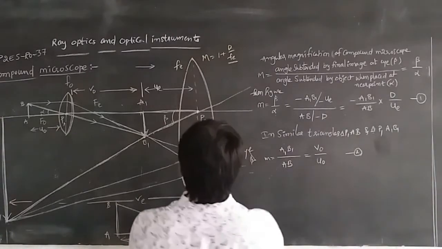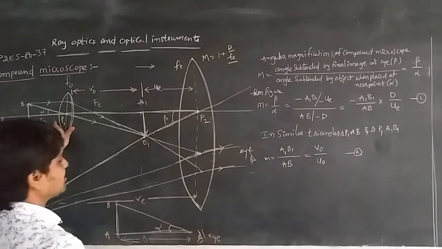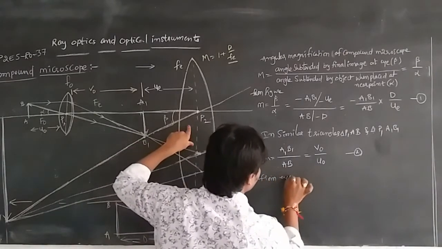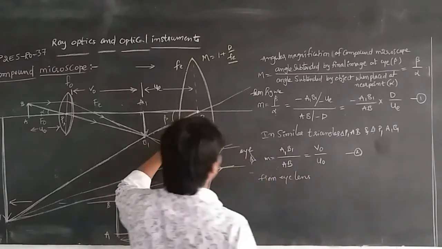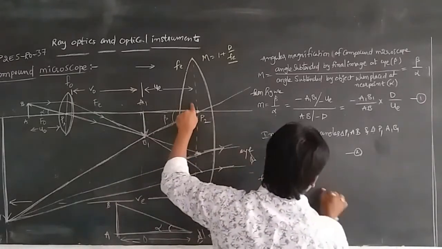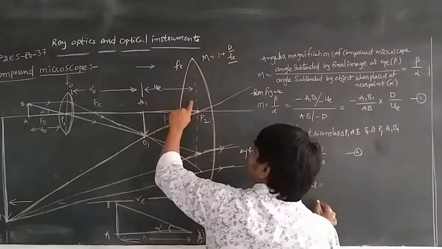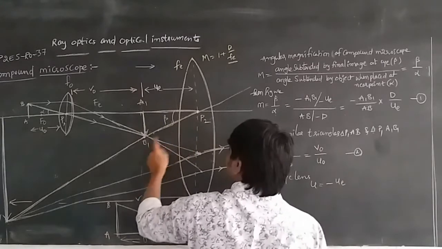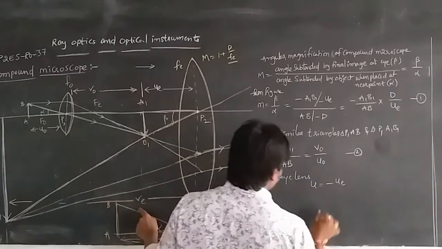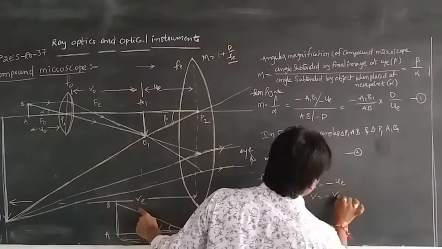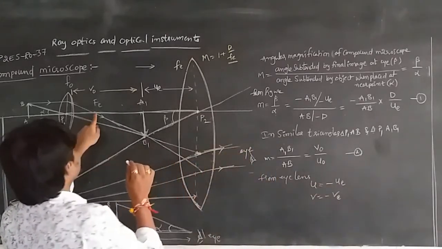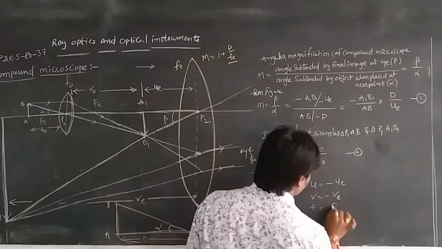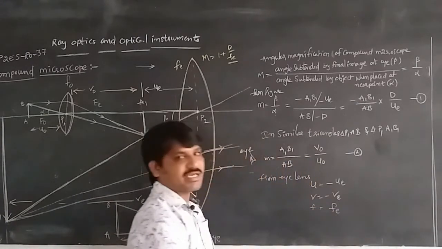We wrote that for the objective lens. Now for the eye lens, the distance U is taken on the opposite side, so U is equal to minus UE, and V is equal to minus VE, while the focus remains the same, so F is equal to plus FE.